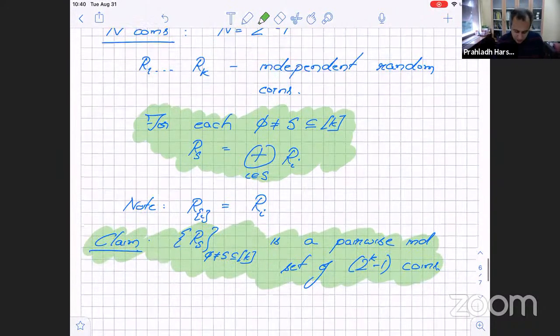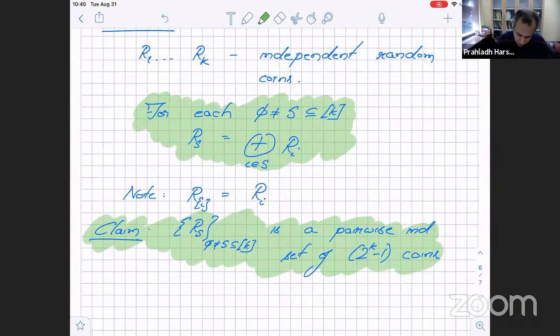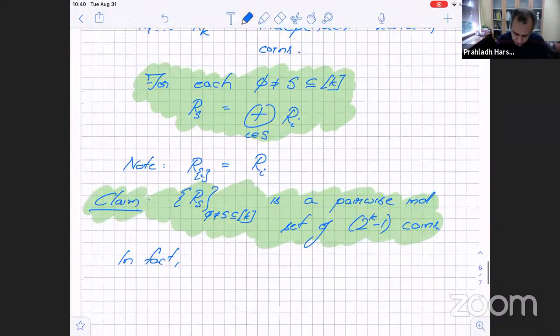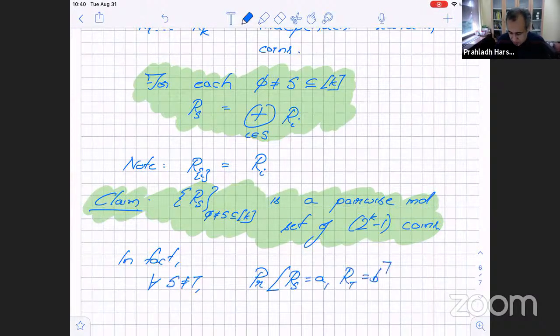More formally, like Abhishek's question, what I want to show is that for all S not equal to T, the probability that Rs is equal to some bit a and Rt is some bit b is equal to 1/4, for all S and T and for all a, b.